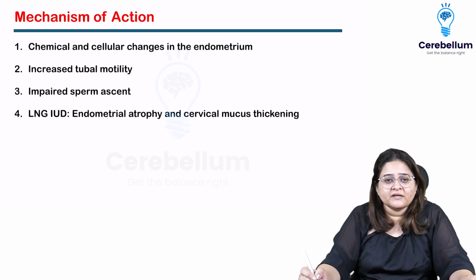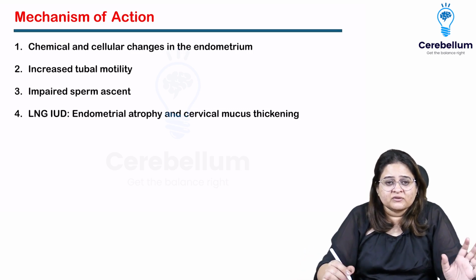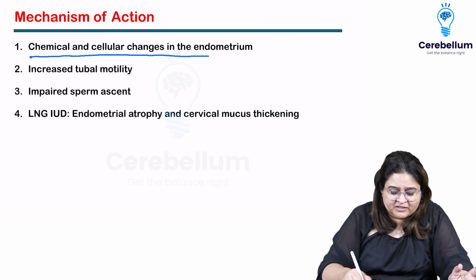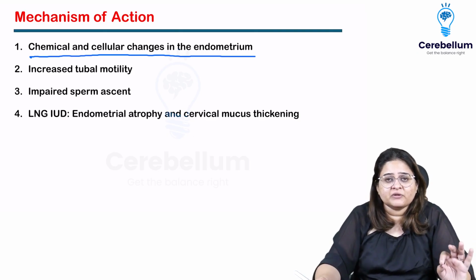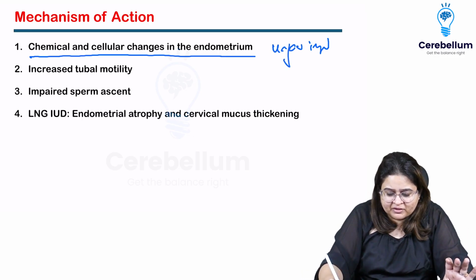Primarily, how do they act? The Lippes loop and the copper T, especially the copper T, they cause chemical and cellular changes in the endometrium, making the endometrium unfavorable for implantation of the embryo. Okay, so unfavorable implantation is one of the primary mechanisms of action.